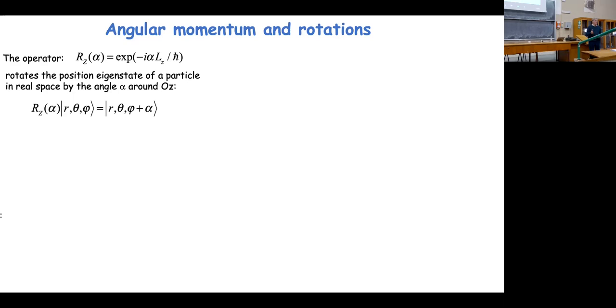In other words, this operator rotates the quantum state by the angle alpha around the z-axis. And what is the nature of this operator? It's an exponential of minus i alpha Lz over h bar. So it's the exponential of the angular momentum.